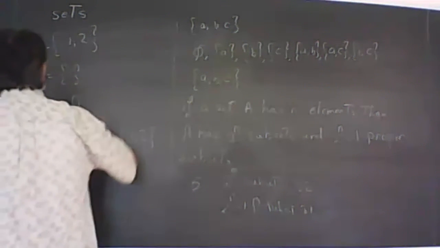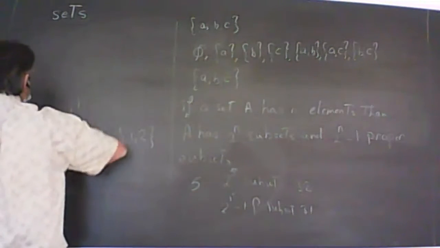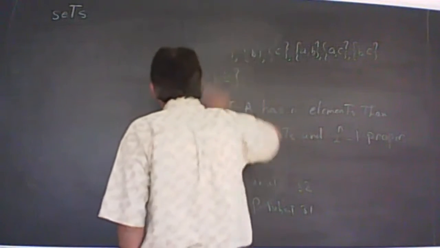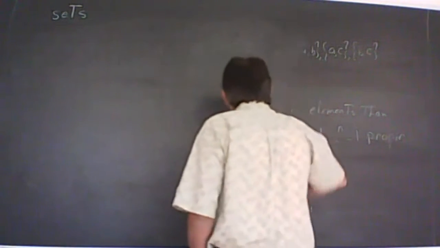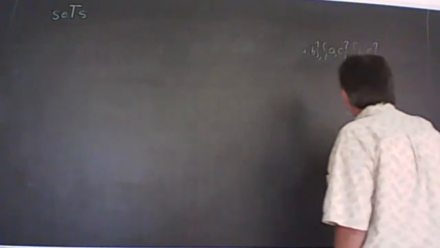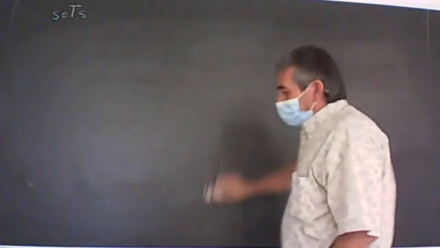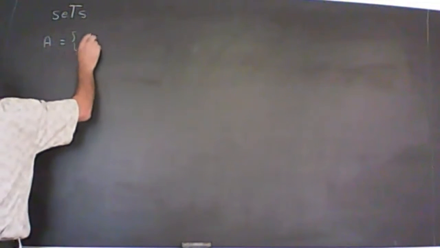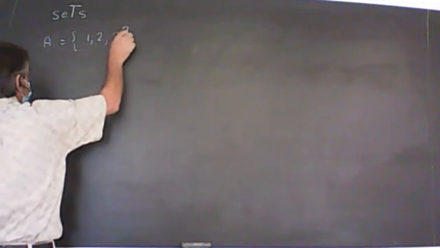Okay, now consider the following. Determine how many subsets each one has. So first, let's look at A equals {1, 2, 3}.